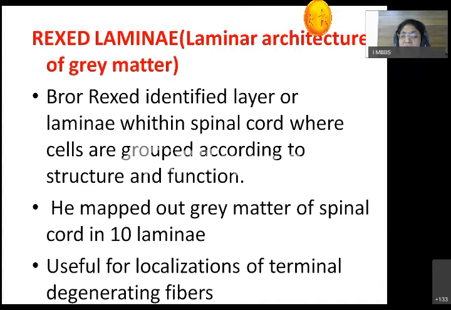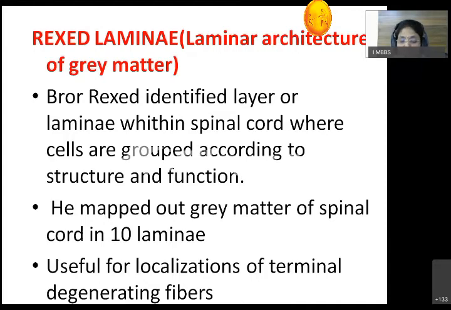He mapped out this gray matter into 10 laminae extending from the posterior horn to the anterior horn. These laminae are used for localization of terminal degenerating fibers.